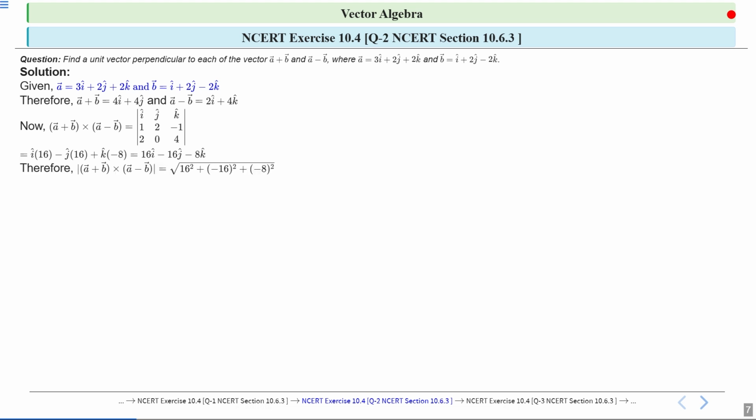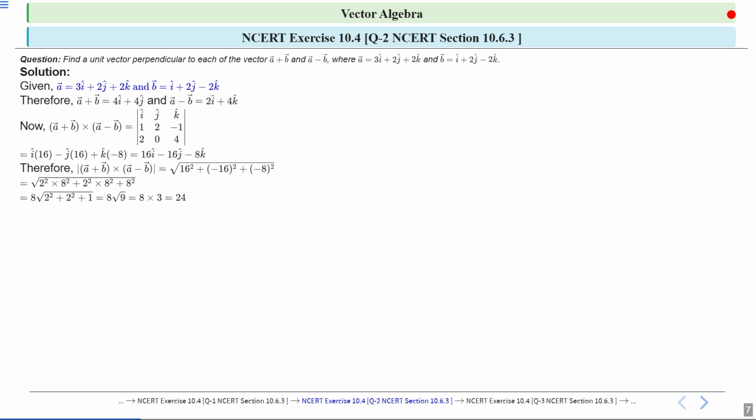Therefore, we can say that the magnitude of a vector plus b vector cross a vector minus b vector is equal to the square root of 16 square plus minus 16 square plus minus 8 square, which is equal to the square root of 2 square into 8 square plus 2 square into 8 square plus 8 square.